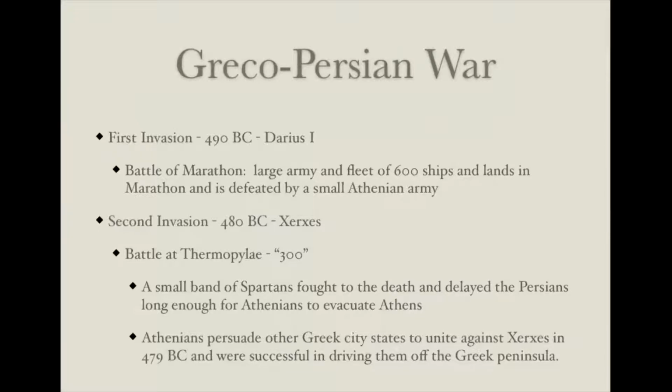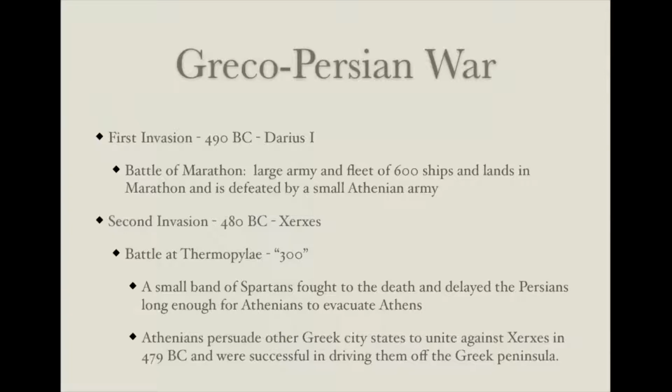And this is where we get the 300, right? For those of you who have seen that movie, you got the battle at Thermopylae, where a small band of about 300 Spartans fought to the death and delayed the Persians long enough for the Athenians to evacuate Athens. That was under King Leonidas.